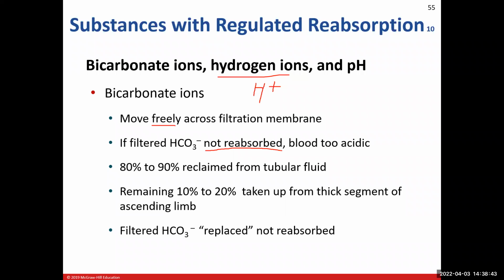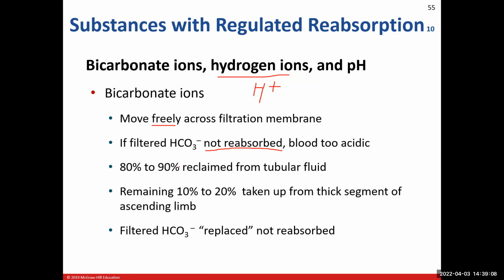So guess what? We have to pretty much remake or replace any of those bicarbonate ions that were filtered out of the blood, and we've got to put them back into the blood. More about that later on.